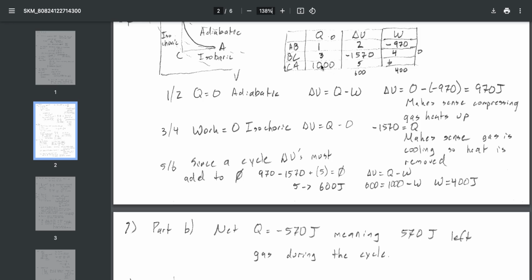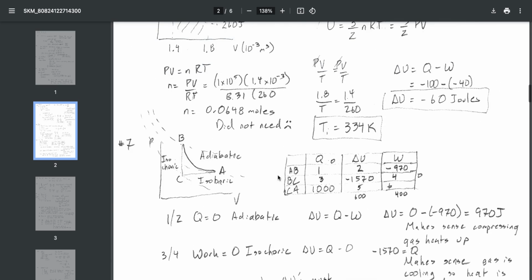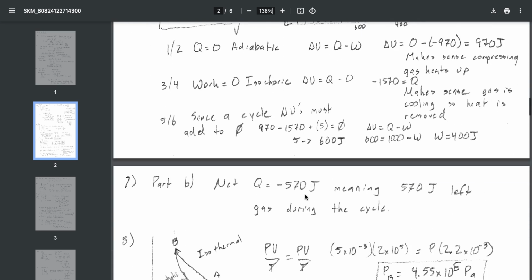And you got 1,000 there. So 570 joules is leaving. Because your net Q is negative 570, so your net is cooling here. And if you look at the pathway here, this is a refrigeration process, right? If you're going counterclockwise through your cycle, you're refrigerating. If you're going clockwise through your cycle, you would be a heat engine.